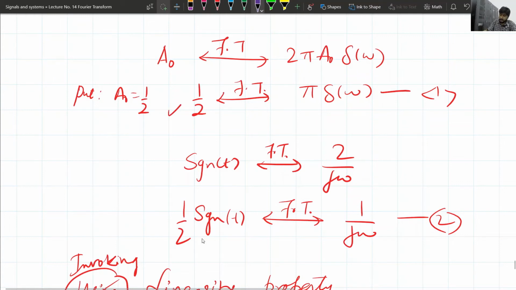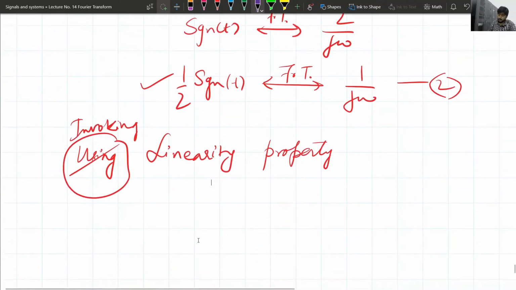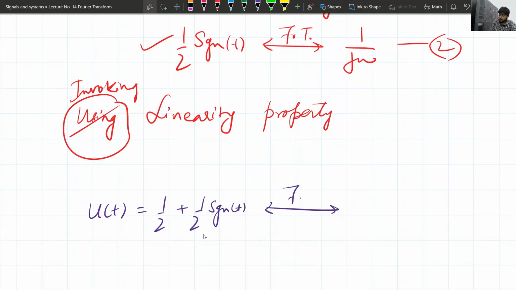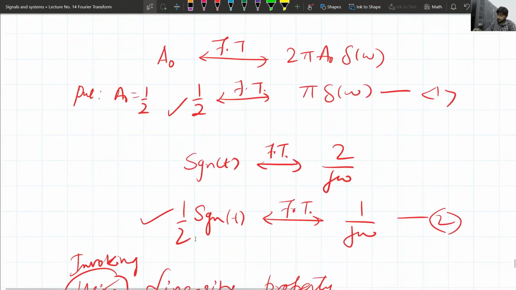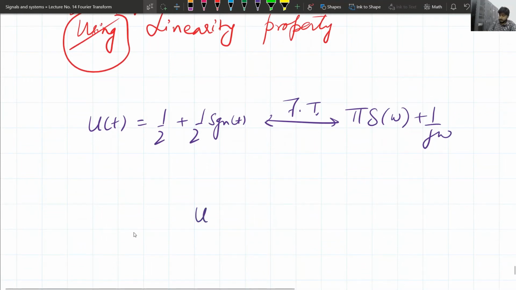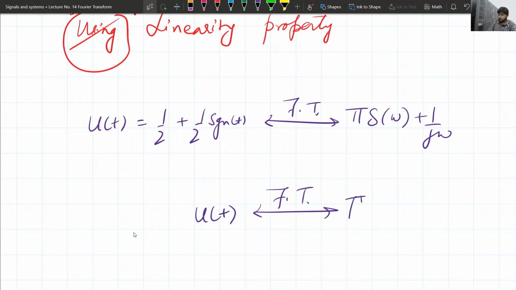Then adding these two equations, we can simply write u(t) equals half plus half signum of t will have a Fourier transform given by pi del omega plus 1 by j omega. This is the overall Fourier transform we can write for u(t): pi del omega plus 1 by j omega.